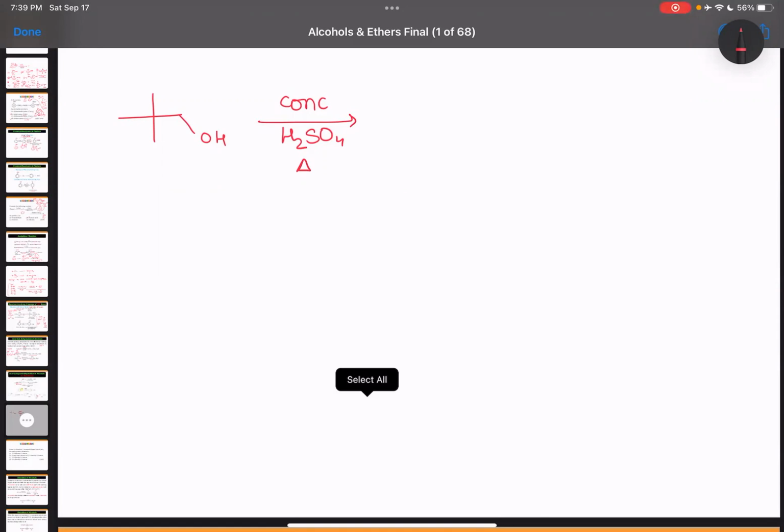So what is the IUPAC name of the product? Memona, if you are here, you can tell me. Vamsi. Yes, sir. Just now. What's the IUPAC name of the product?